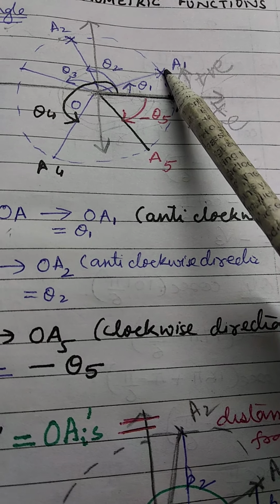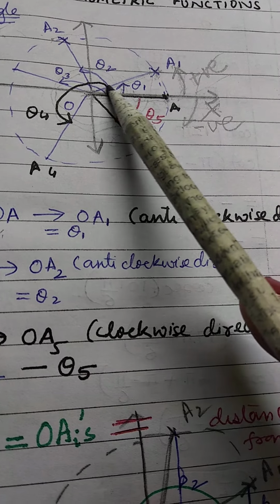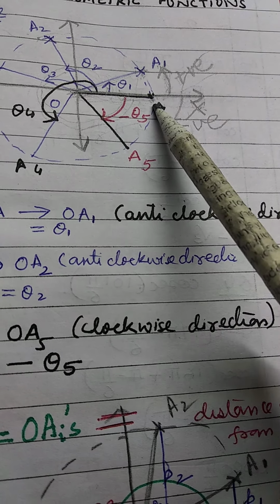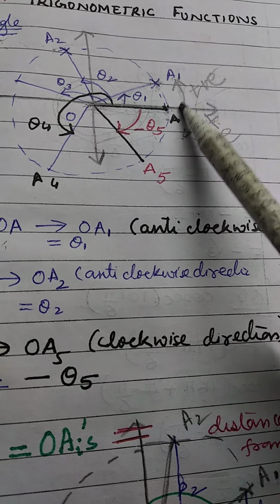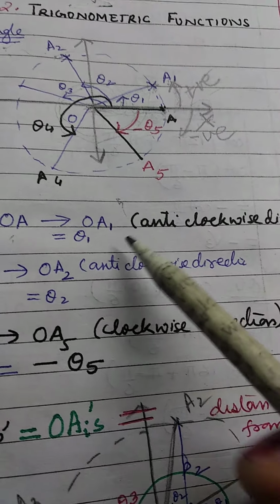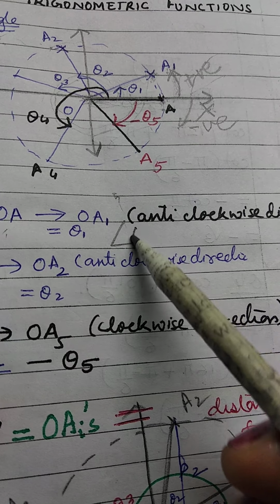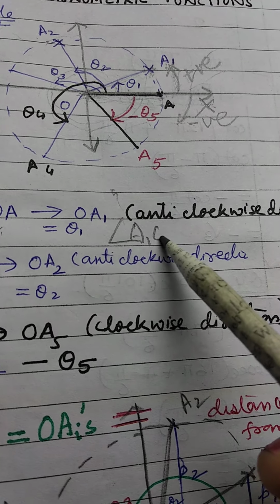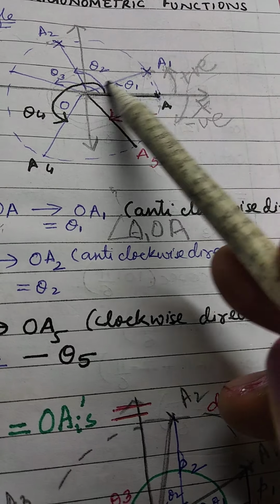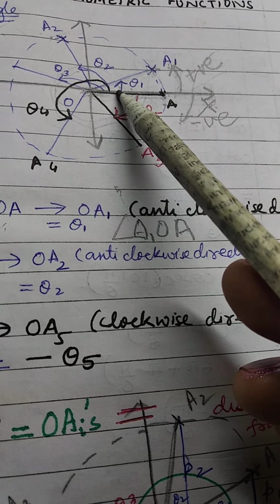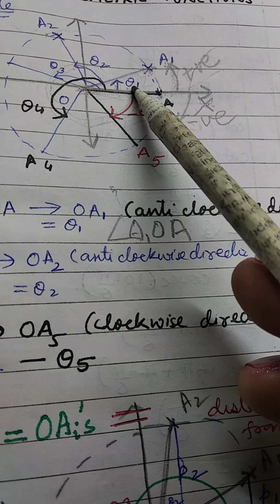Theta is the angle made by the terminal position of the rotating line, that is initial line OA, about the point O in the anti-clockwise direction. So it's angle A1OA. The direction of the angle is very clearly mentioned here.